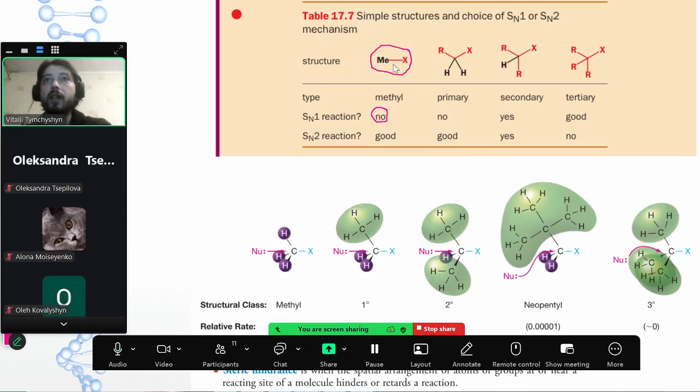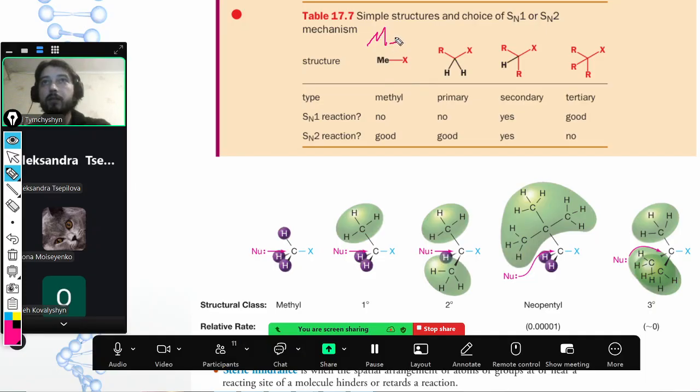When X leaves, we are left with the methyl cation. It is very, very unstable because there is nowhere to delocalize the positive charge. So it will probably not be formed and X will probably never leave. So you cannot get SN1 reaction because your leaving group cannot leave.